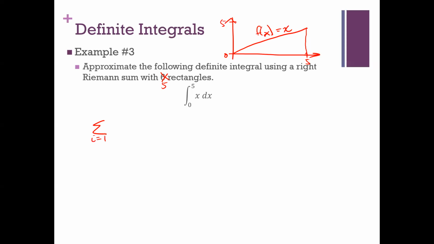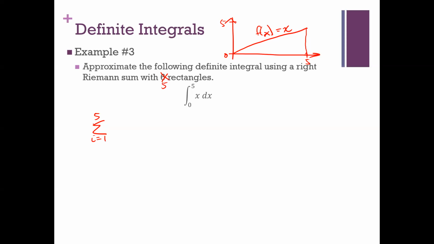For i equals 0, i equals 1 in this case. Actually, it doesn't matter. You call it. I equals 1 to what? If you called it i equals 0, what would I have to put up top? Well, that would be no rectangles, right?